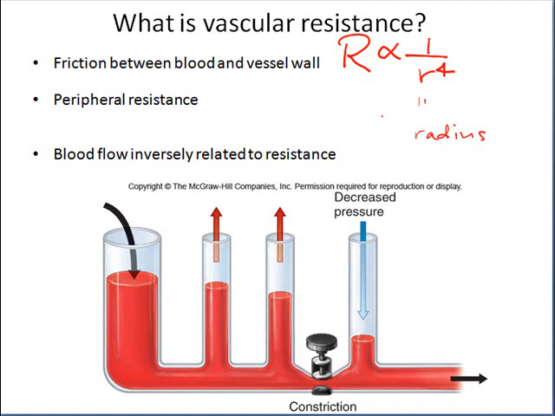This should make sense to you. I can say this in non-math terms. If you've ever gone snorkeling before, and you put on your snorkel mask and the little snorkel tube, and the snorkel tube is maybe 25 centimeters long, it's pretty easy for you to blow air out of that tube, right?